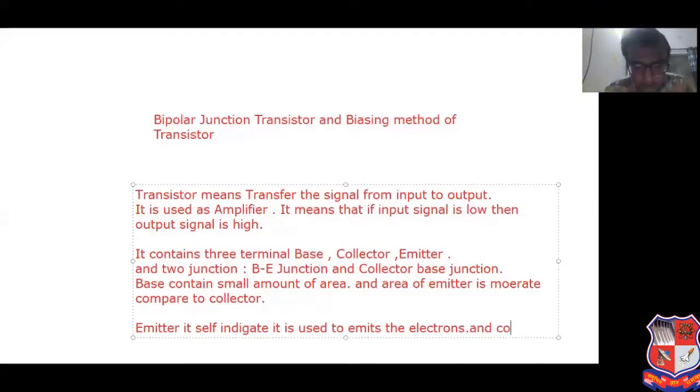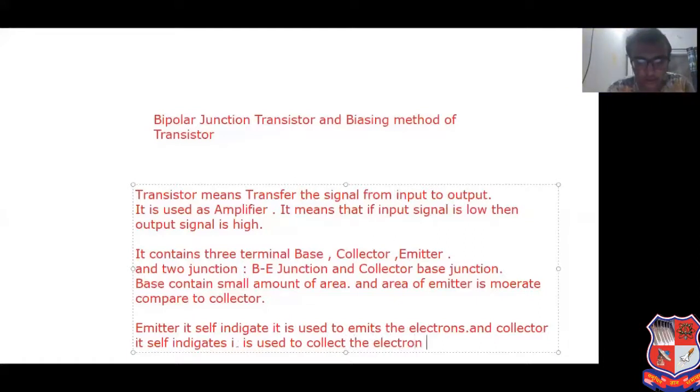And collector itself indicates it is used to collect the electron for the purpose of amplification. So it is the fundamental concept regarding the transistor.